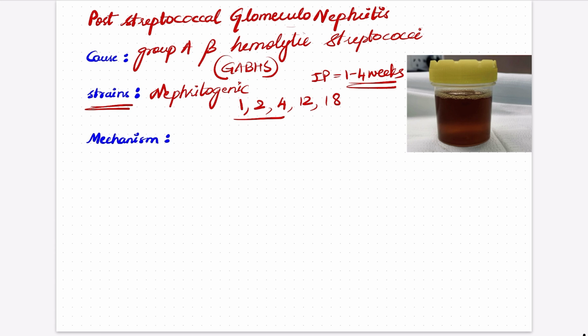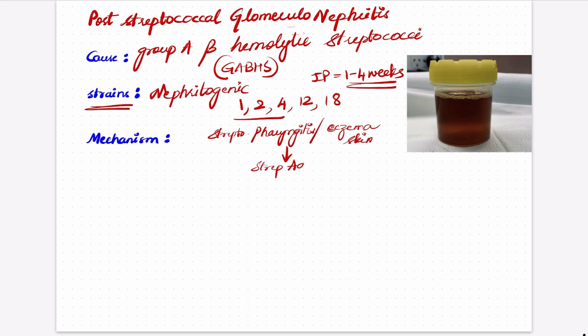And the mechanism here is whenever there is an infection with this group A beta hemolytic streptococci, such as streptococcal pharyngitis, or streptococcal skin infection, the patient is exposed to this antigen.